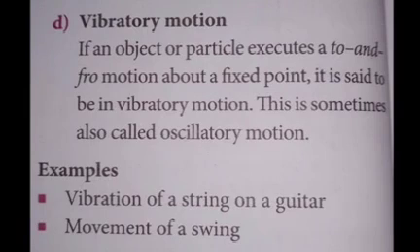And the last type of motion is vibratory motion. An object or a particle executing to and fro motion about a fixed point is said to have vibratory motion. See the example, vibration of a guitar string. If we disturb the string of the guitar, we hear a pleasant sound.